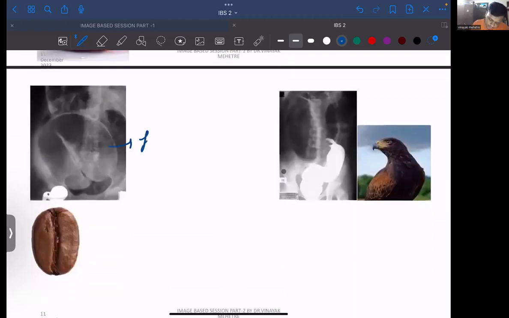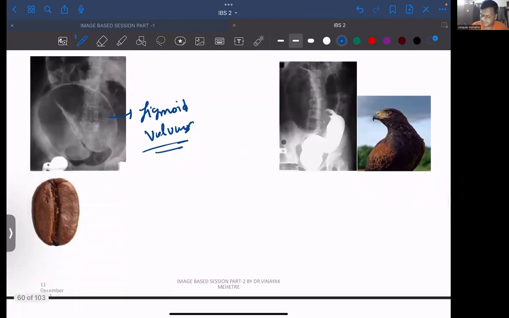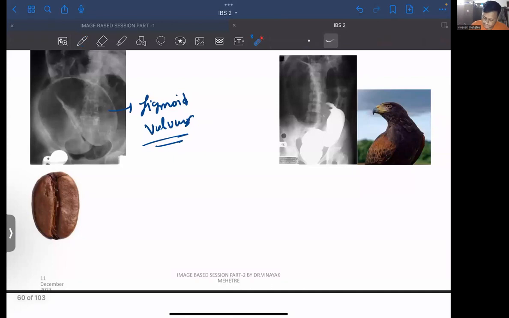It is seen in, चलो थोड़ा फास्ट जाते हैं अभी. Sigmoid volvulus, coffee bean appearance. Bird of prey or bird beak sign on barium enema. Take a look. लग रहा है ना बैक से निकला है.